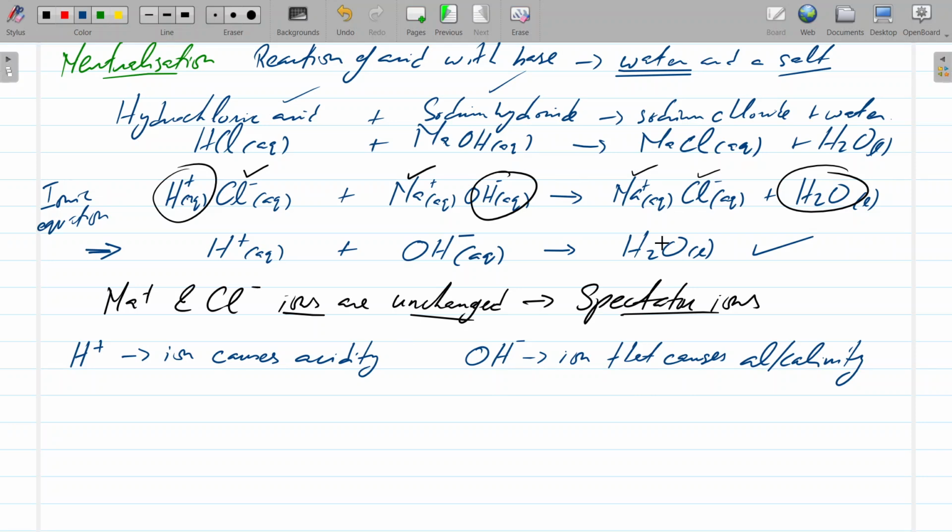And water is neutral. It is neither acidic nor alkaline.